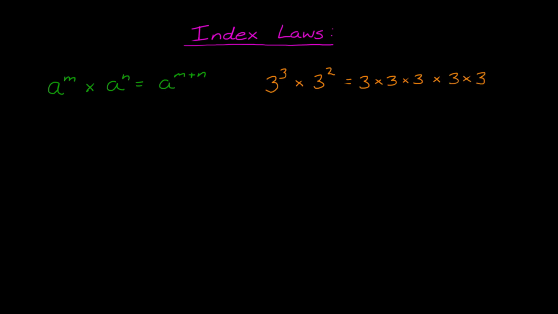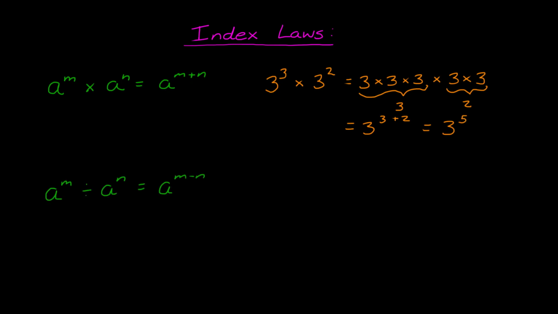When written out like this, it's obvious that the two strings together form one long string that is of length m plus n. So in this case, the answer would be 3 to the power of 3 plus 2, which is equal to 3 to the power of 5.